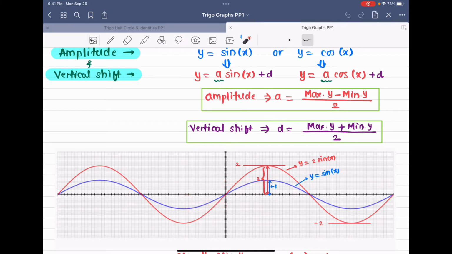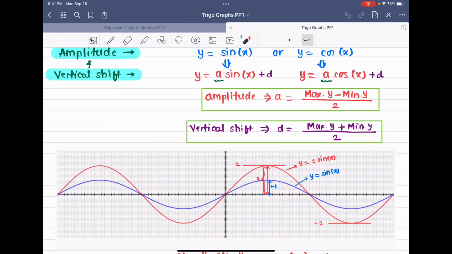Okay. Now I am multiplying by a. So whatever the sine coefficient is, a number multiplied by the sine graph or cos graph, a, that is your amplitude. What is the formula for amplitude? If I want to find out the a value, and they have given the graph, you always use this formula: max y minus min y upon 2.